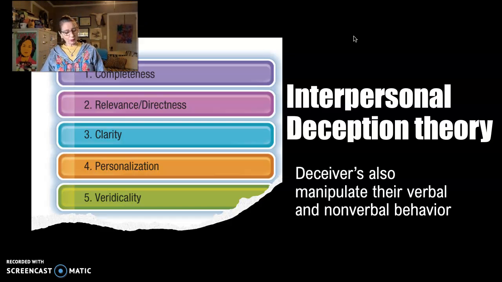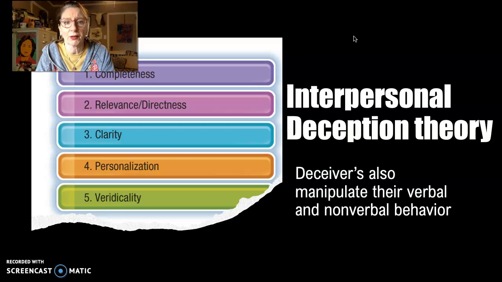Relevance and directness. What does that mean? When someone is straightforward, and you ask something and you get an answer, you're more likely to believe them. If someone's trying to deceive you, they're not being straightforward. They're being indirect. They might give things that aren't even relevant to what you're talking about.